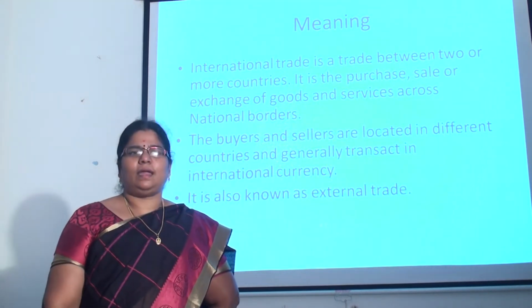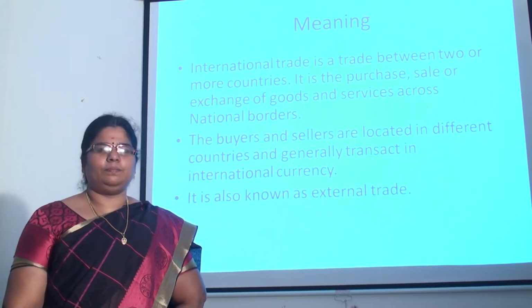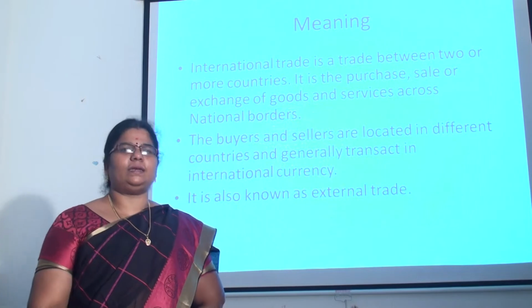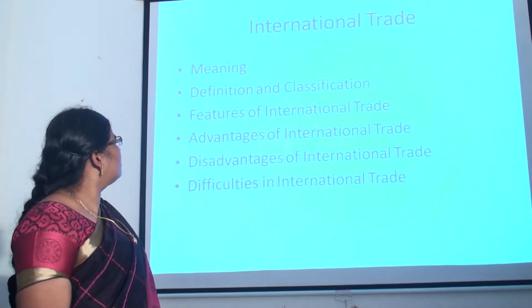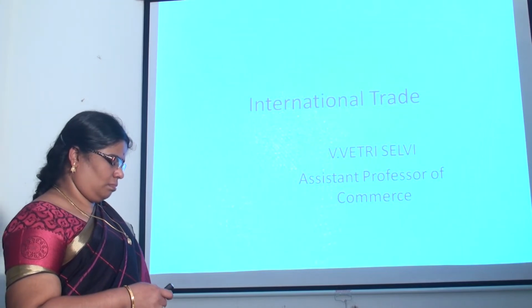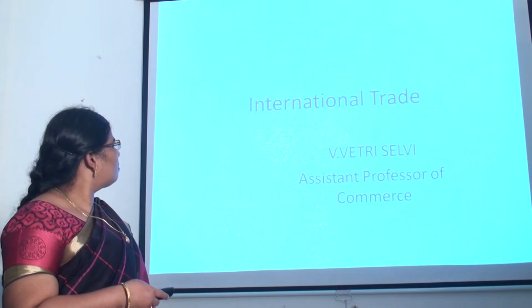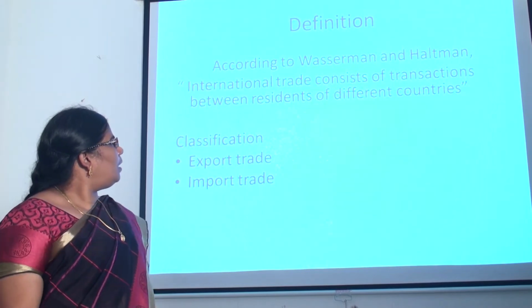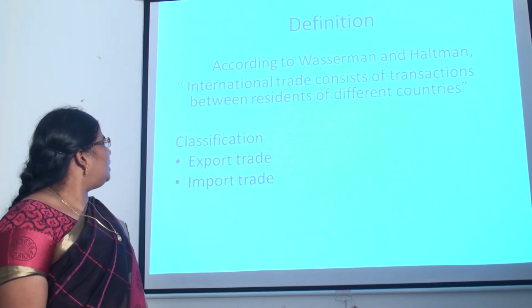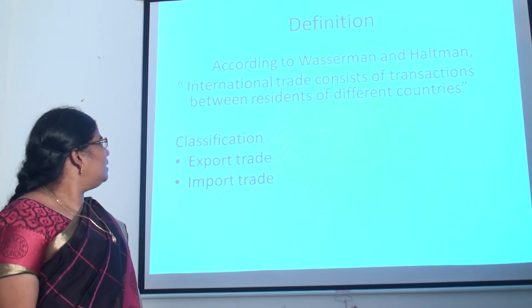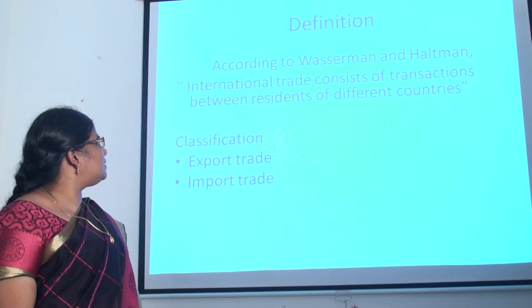Next one is definition of international trade. According to Wasserman and Haltman, international trade consists of transactions between residents of different countries.